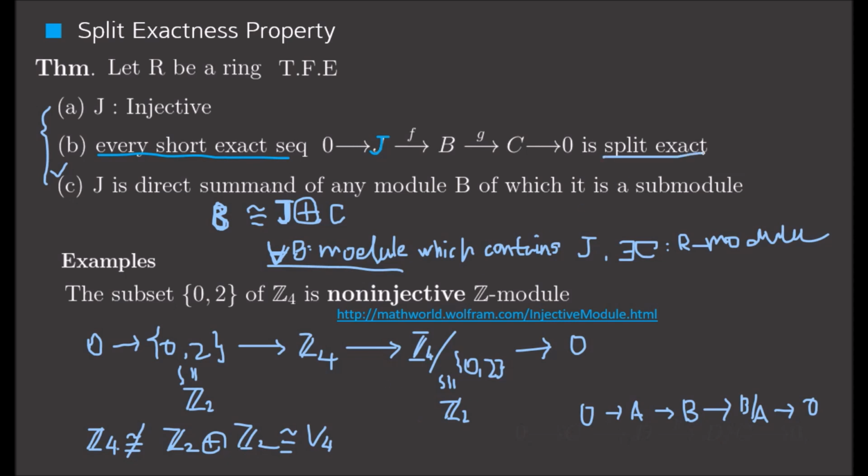So because there exists a short exact sequence that is not split exact, the subset of G4 is a non-injective G module. So this tool is useful to decide that a module is not injective.